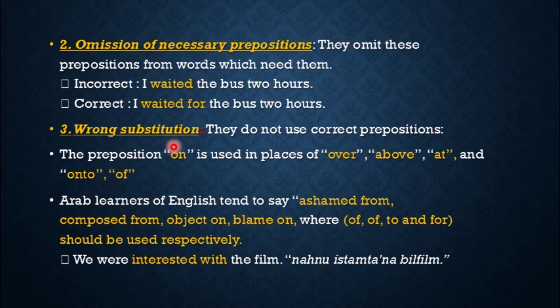So when I say, for example, as we said, the books are in the box. In Arabic it is fi, so this is a positive transfer, not a negative one.